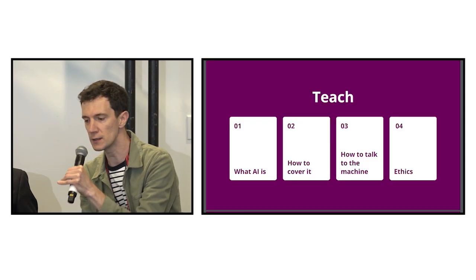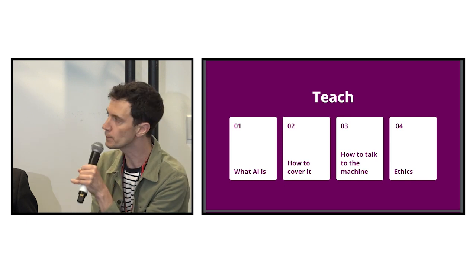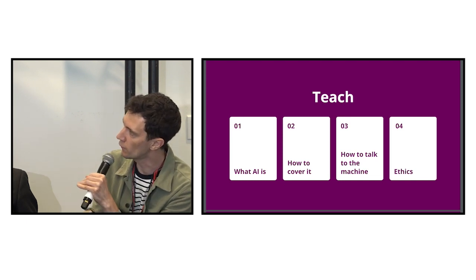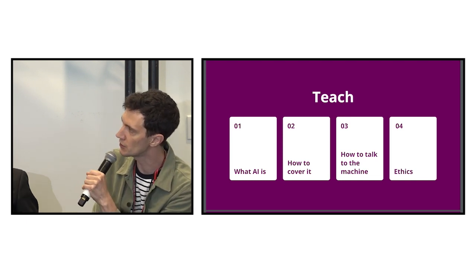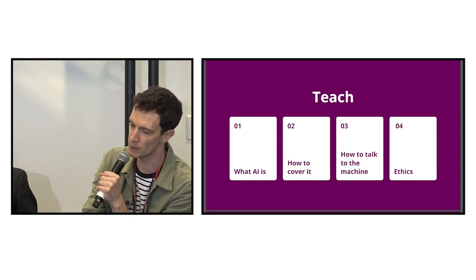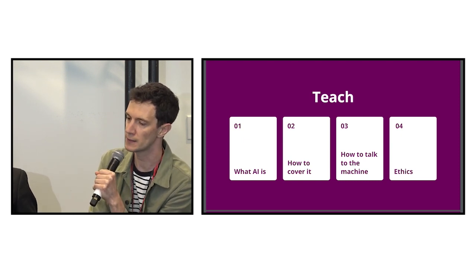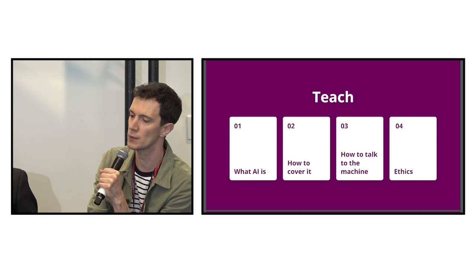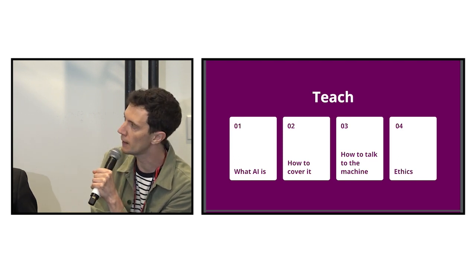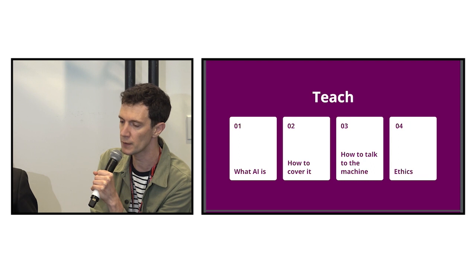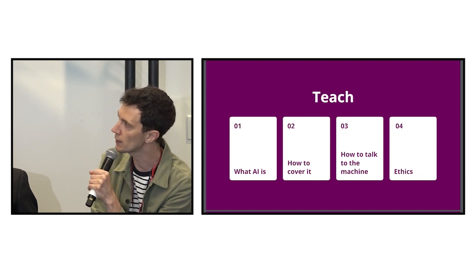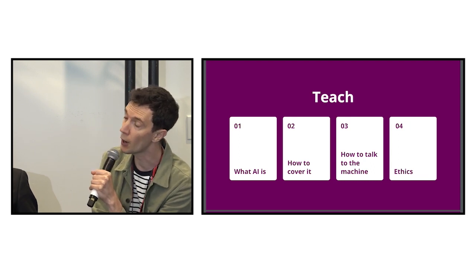And once you have done this kind of intro, I have 4 pillars, I would say, for teaching, which is really understanding what AI is. It's a next token prediction model. You can do a lot of things with mathematics, but not everything. So understand this in a deep way, and how to cover it.